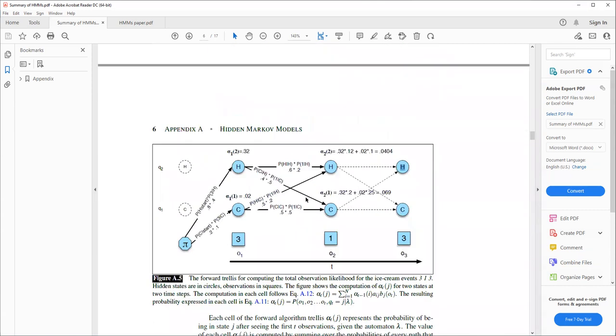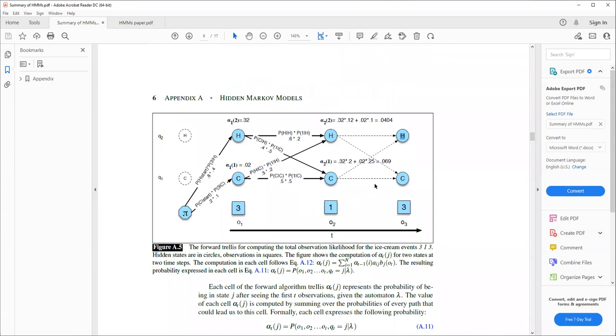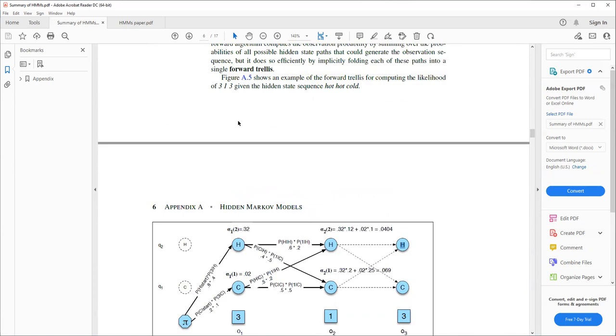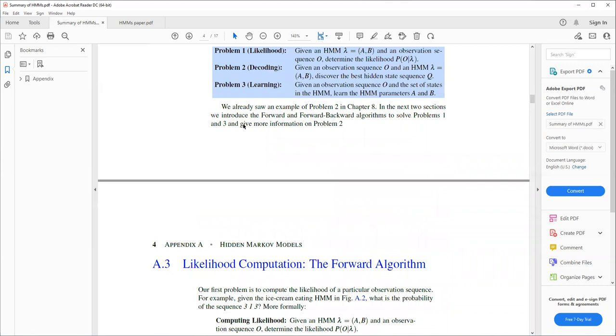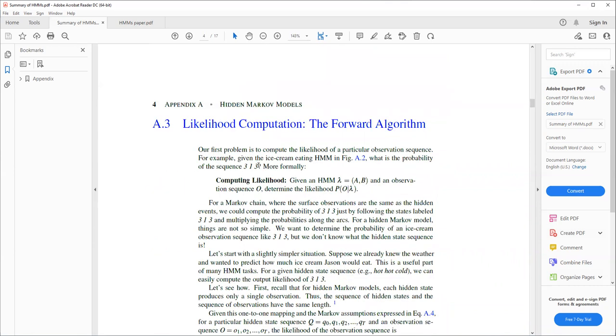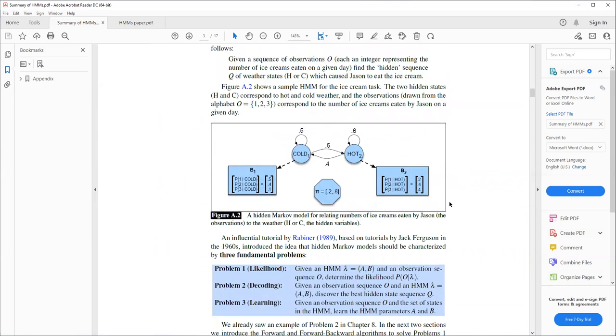Given an observable sequence and given the model parameters, so you'll be given, for example, O equal to 313, and you'll be given this model either in terms of text or graphically.